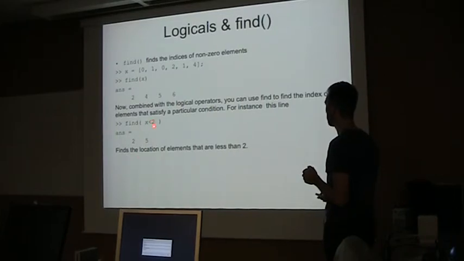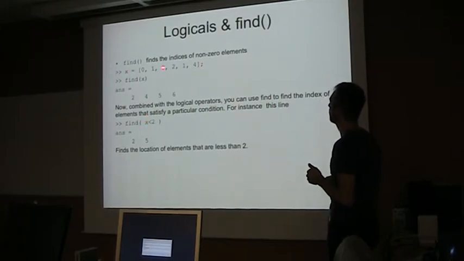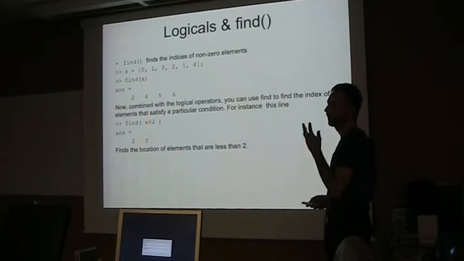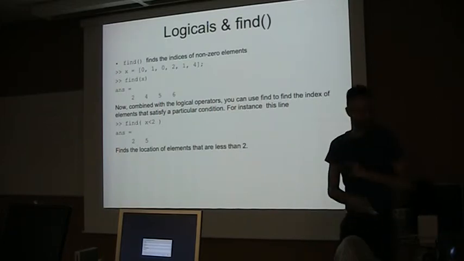Find x smaller than 2. 2 and 5. Yes. Okay. So if I want to know which elements of x are smaller than 2, I say find, open parentheses, x smaller than 2, and I get the second and the fifth position are the ones which correspond to this condition.